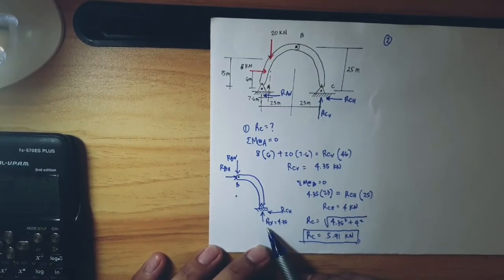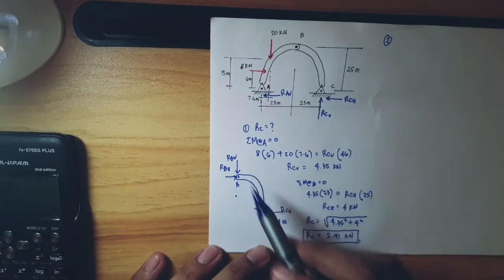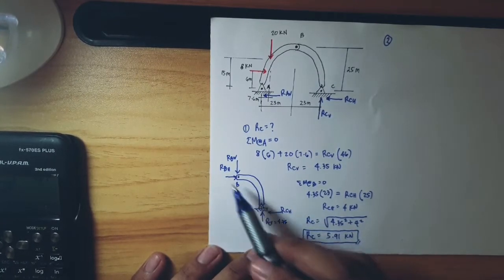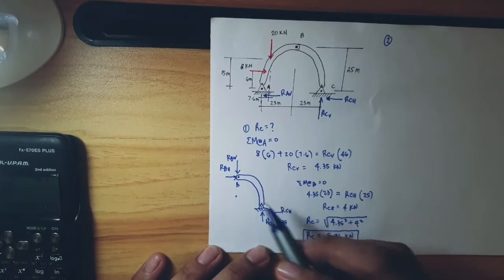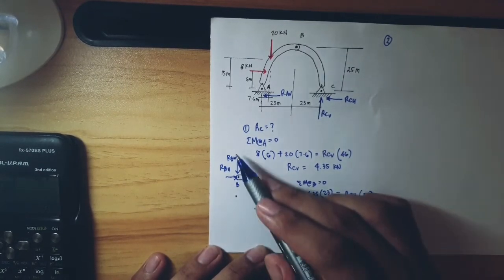Then RCV is equal to RBV. Since mag-summation forces ka, sila ra pud nga mga forces ang nag-interact with each other sa kani nga putol.